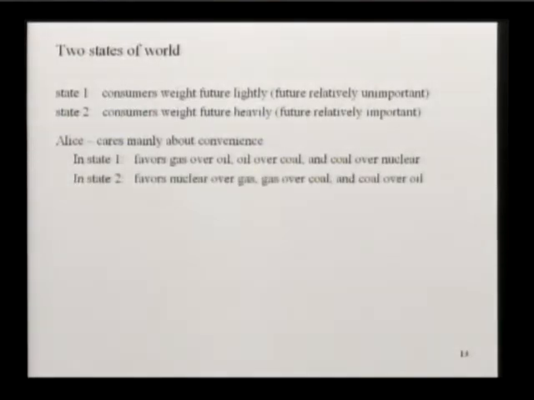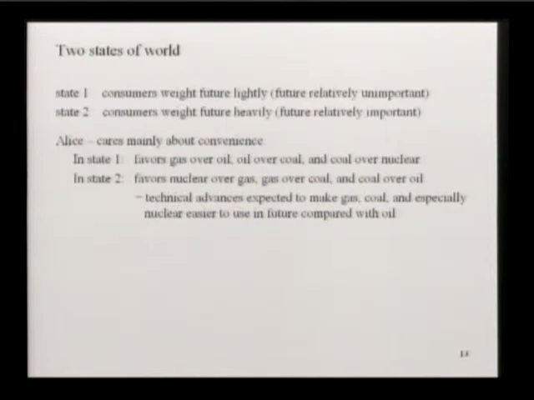In state 2, where she's looking ahead to the future and she cares about future consumption, now nuclear power comes up at the top because she anticipates that there are going to be technological breakthroughs which make nuclear power much easier to use in the future.